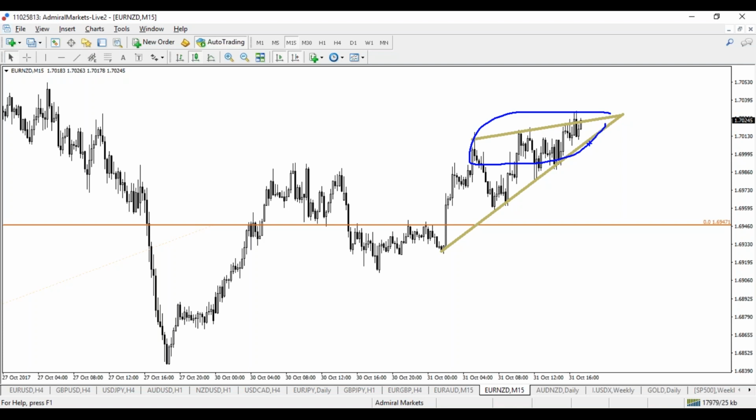So that looks like a rising wedge at the moment. I wouldn't want to trade it to the downside, but it would be good to see some correction, continuation like that. So that's something to keep an eye on, I think.